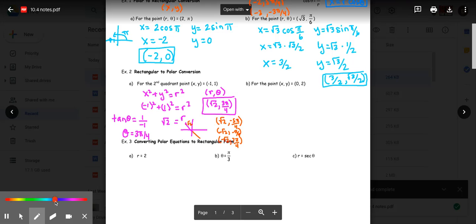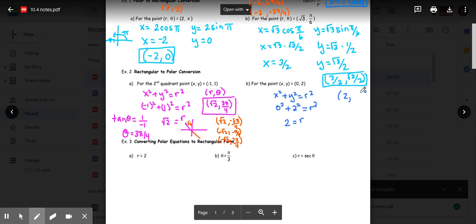All right, moving on. So we have our x is 0, our y is 2. So we could do, once again, x squared plus y squared equals r squared. So our r would be, it looks like 2. Okay, so we have that.